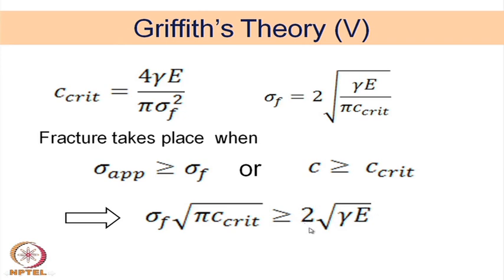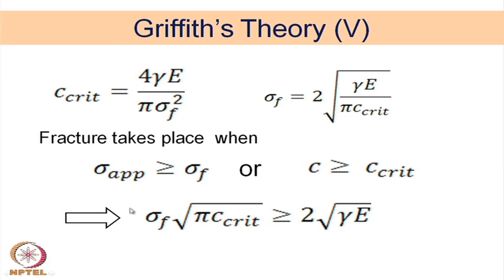These two are the material parameters of any material, and these are the actual critical conditions of the stress and the critical crack length. Okay. So, they are related in this way. That means, when this product is greater than or equal to this product, then the fracture will take place.